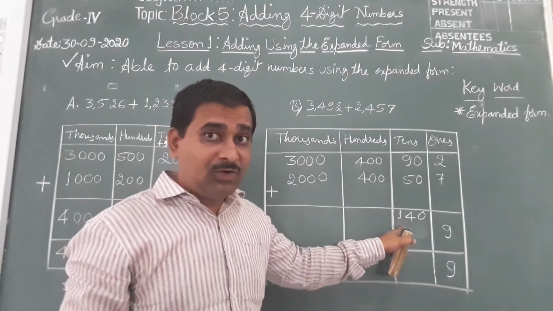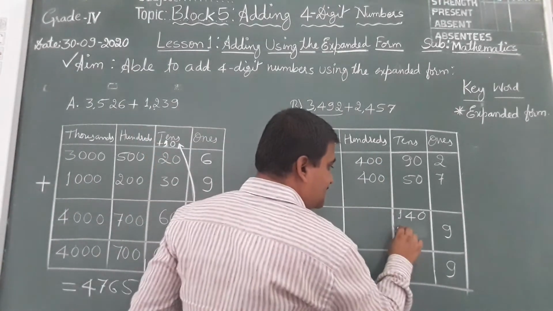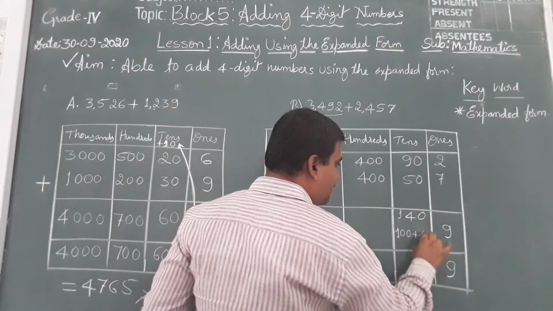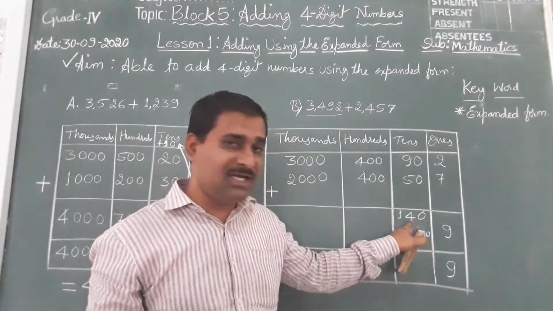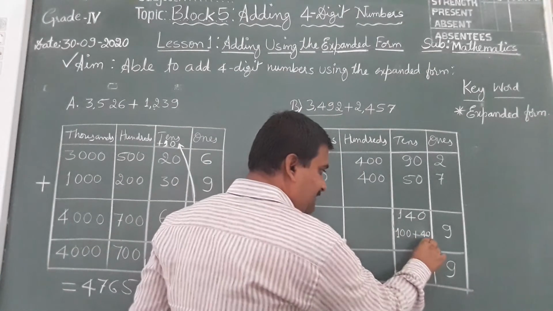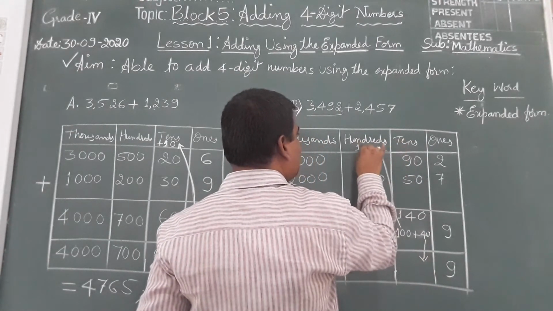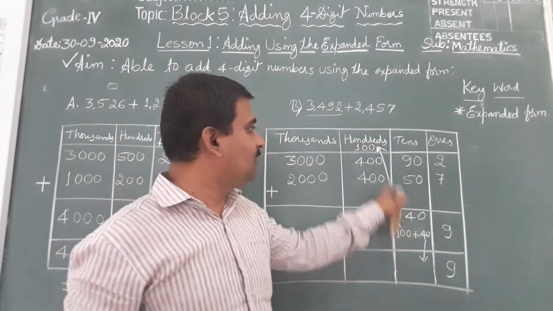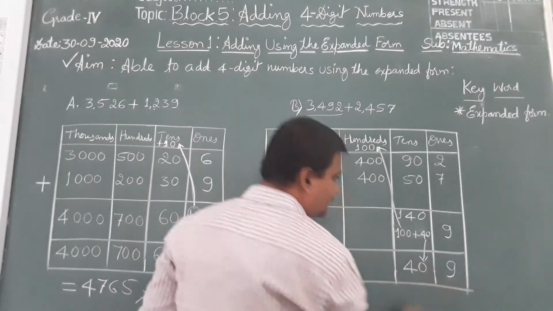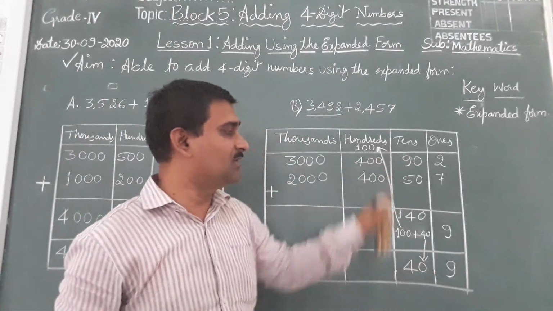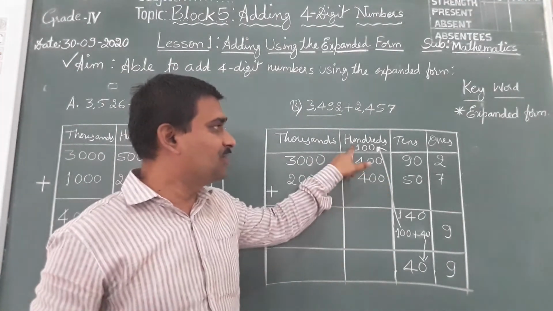Out of 140, 100 goes to the hundreds place, and 40 comes to the tens place. Understood now? Now, when you add this, you should add the carry also.